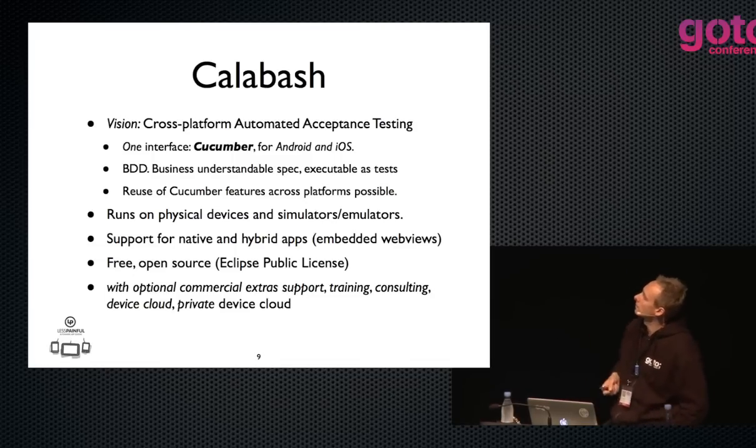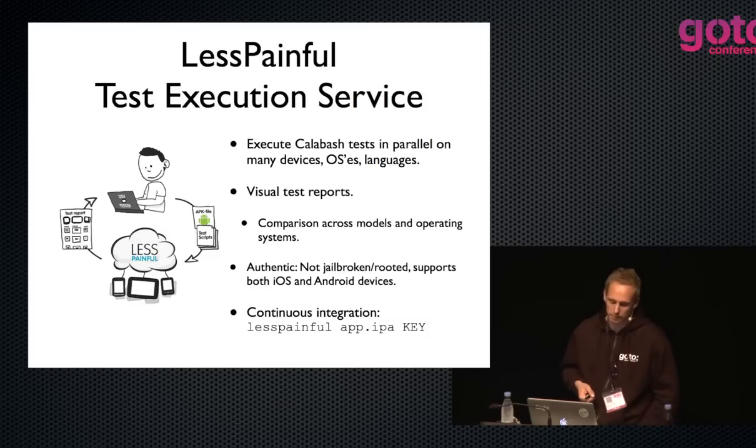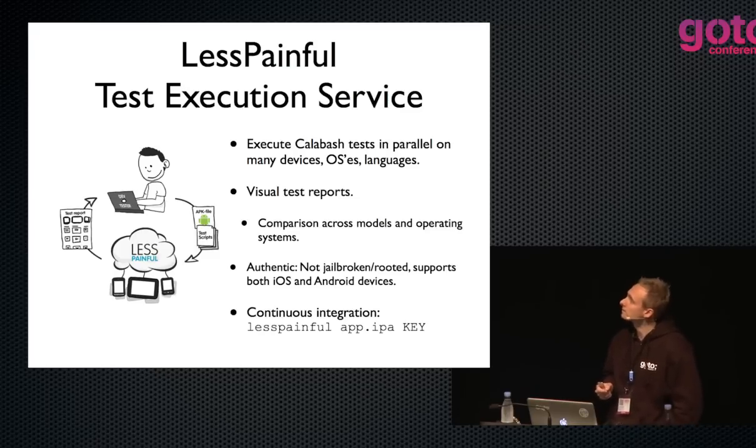The final thing I want to talk about is what we call device cloud, or a test execution environment. That's a paid service that we offer, an additional add-on service that you can add to Calabash. What that does is that we are able to execute Calabash tests on real, hosted devices, and the tests will run in parallel on these devices, and you get the test results back.